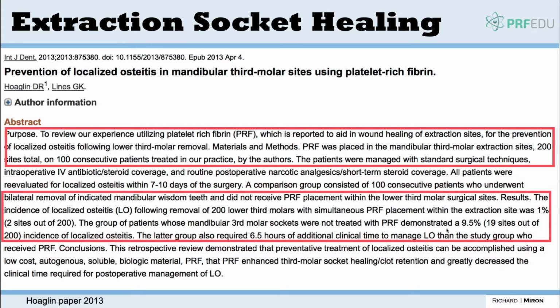In these cases, the incidence of localized osteitis following removal of 200 lower third molars with simultaneous PRF placement was 1%. The group of patients whose mandibular third molars were not treated with PRF demonstrated a 9.5% incidence. The latter group also required 6.5 hours of additional clinical time to manage LO.